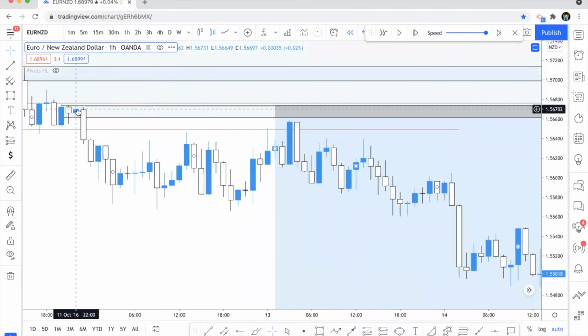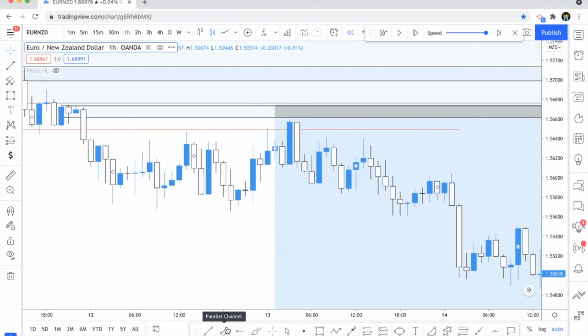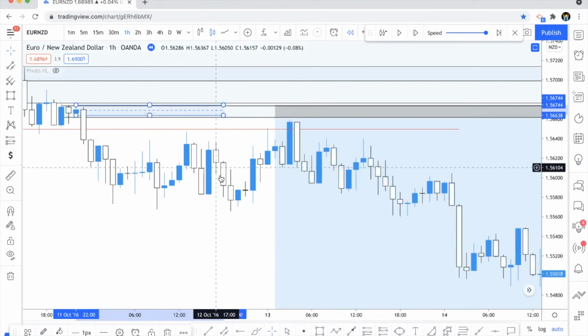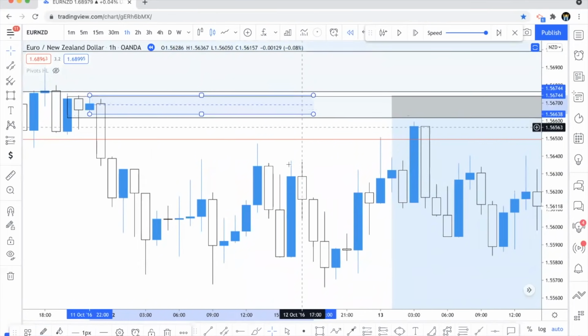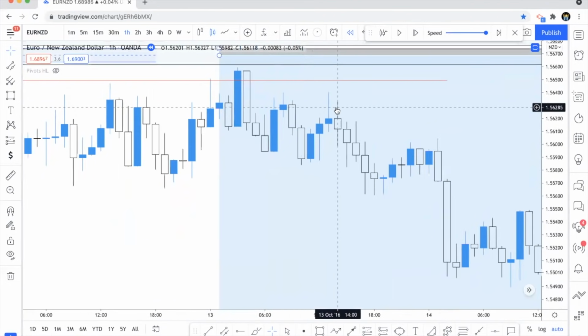They would enter at the 50% of the order block, which means this. So we would measure the order block like this, and we would do this, right? So the 50% line is this little dotted line right here. That's the 50%. And they would put their risk tool right here and minimize their risk even more.